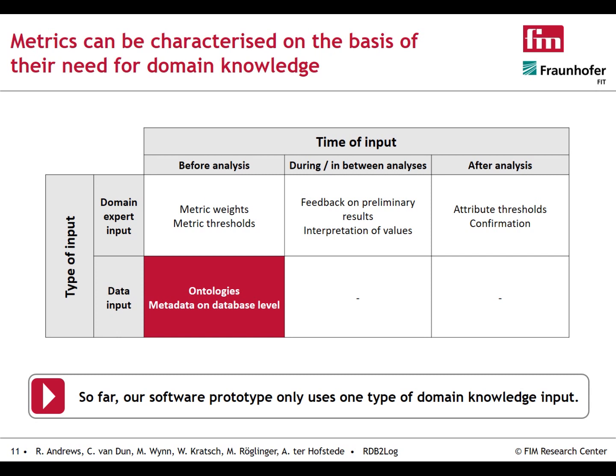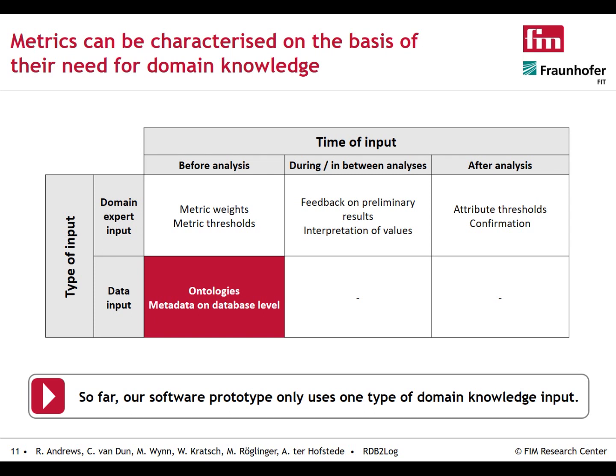For metrics such as these that tell us something about, for example, the dimension accuracy, we need input in the form of domain knowledge. So we need to understand if the values in a data column are actually relating to the real world. For this, there are several ways to get input in the way of domain knowledge.